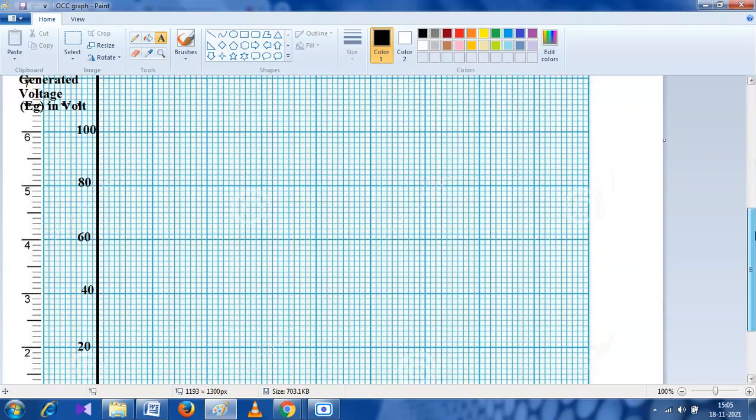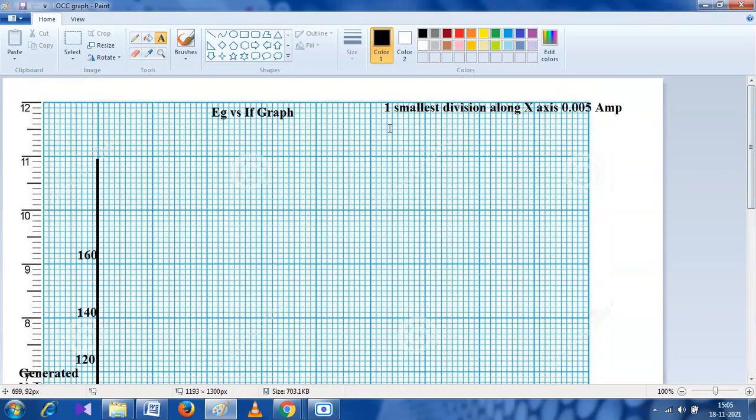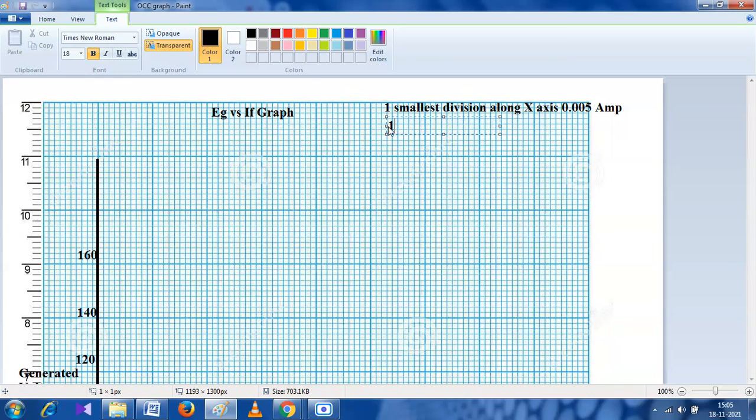So now tell me what is the smallest division along y-axis? सर 2.